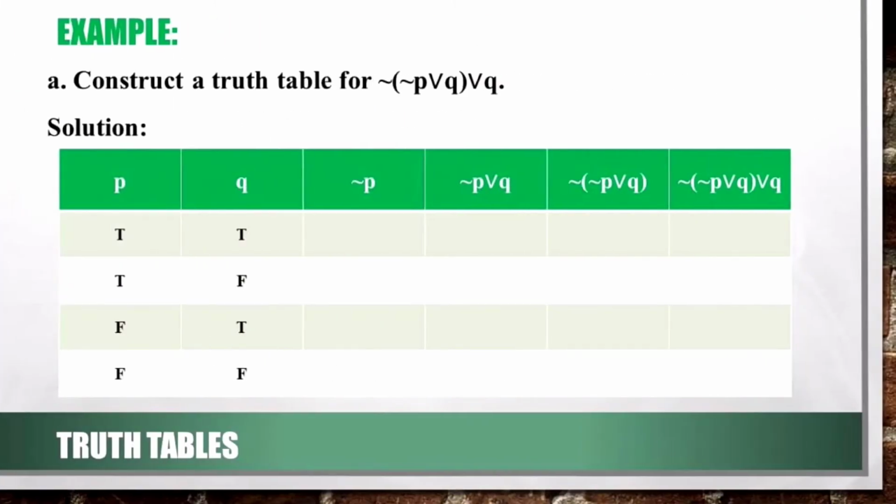So, para mas maintindihan, let's have this example. Construct a truth table for not quantity, not statement P or Q, then or Q. Kung papansinin natin, we have the negation of P. So, since ang variable natin, we only have statement P and the statement Q. Meron tayong dalawang variable or dalawang statement.